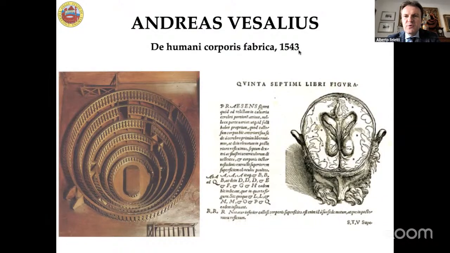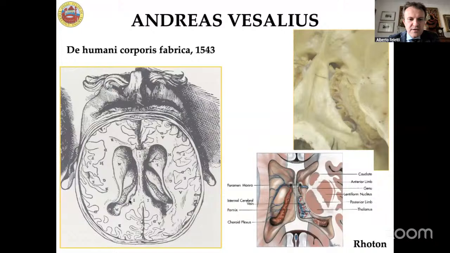Please know that it was written in the 16th century. And if you look at the details of this drawing of the lateral ventricles, it's amazing how at that time Andreas Vesalius was able to precisely draw the shape, not only the shape of the ventricles, which is amazing enough because at that time the anatomy could be studied only on cadavers, and we all know that in cadaveric specimens the brain collapses as well as the ventricles, so guessing the real shape of the ventricles was not easy at that time.